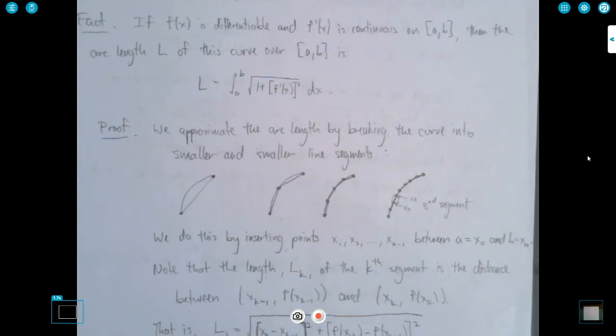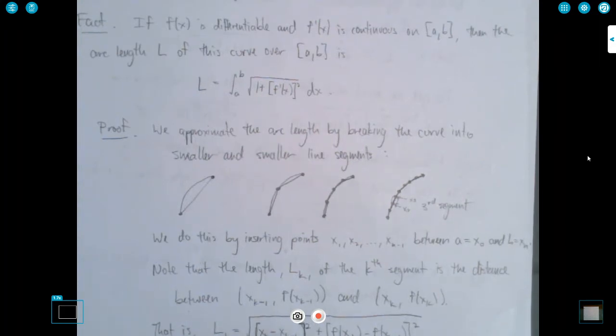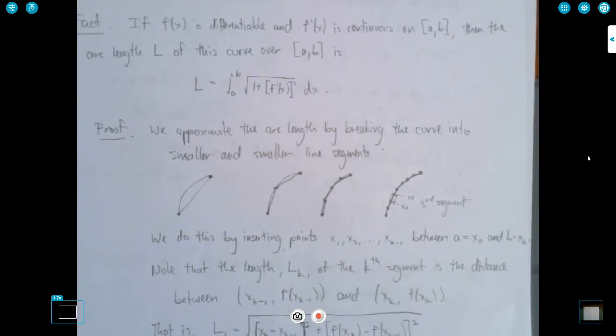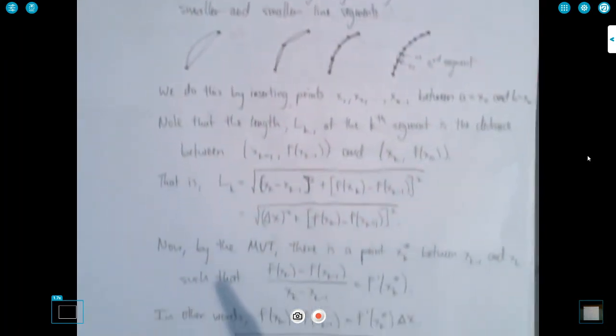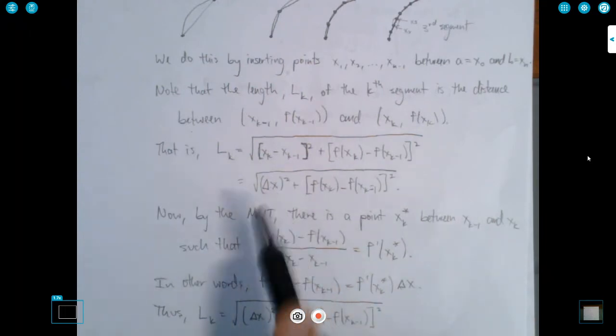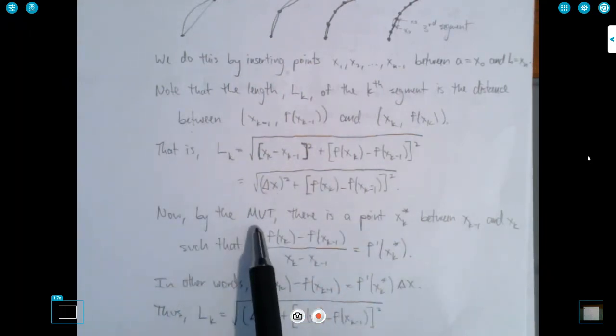So we use the distance formula, and note that x sub k minus x sub k minus 1, we can just call that delta x. You can see this better, right? x sub k minus x sub k minus 1 is delta x. Now, here's where we use some old results from our Calculus 1 class, like the mean value theorem.